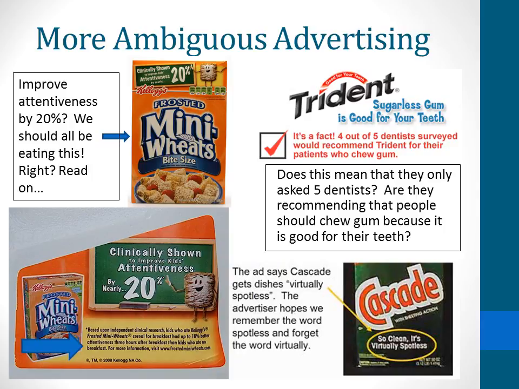So again, these are all these ambiguous things that are used in advertising, and if nothing else, when you go to the grocery store, pay a little more attention to these kinds of things, because you may be spending money that you don't need to spend on things that are not really as helpful as they are marketed to be.